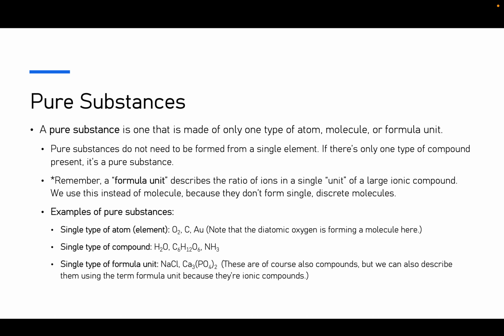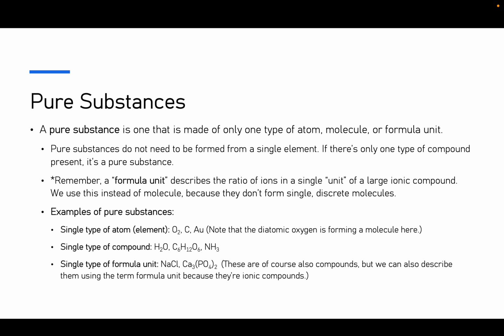A formula unit is the term we use instead of molecule to describe the base building block unit of an ionic compound. We don't use the word molecule or particle for that because although in your mind you may imagine an ionic compound like sodium chloride as a few particles just hanging out together, for example, one sodium and one chloride ion brought together by their mutual attraction, that is not what actually happens in real life.